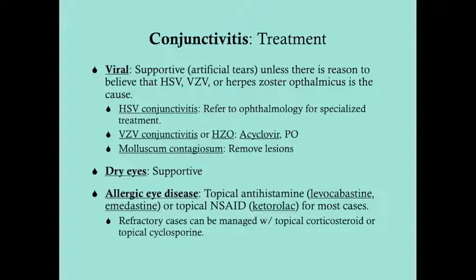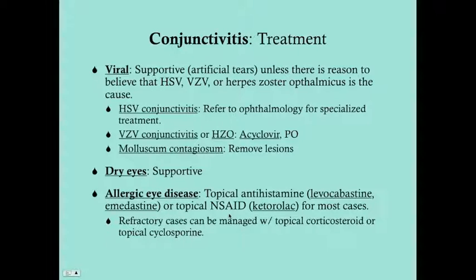And then for allergic eye disease, the first approach is going to be either a topical antihistamine, for which you can use levocabastine or emedastine, or a topical NSAID, for which you can use ketorolac, but there's lots of other things that you can use for this. I'm just giving you a few examples. And one or the other will be fine.